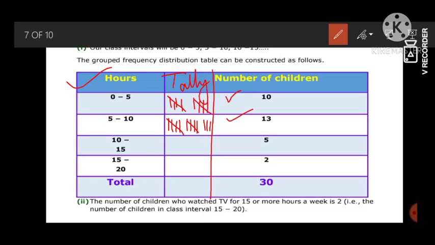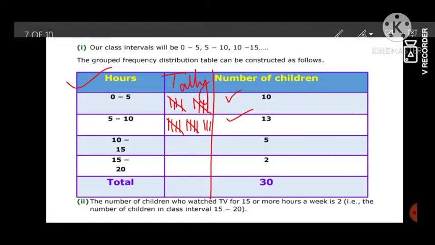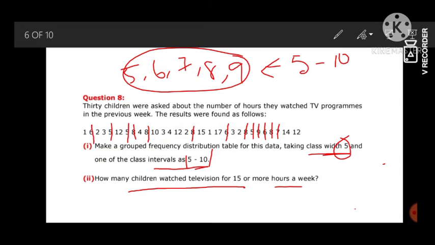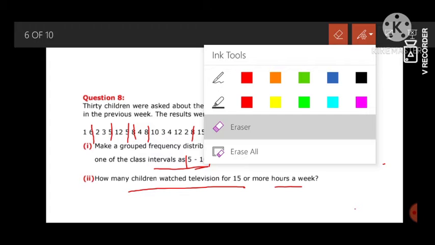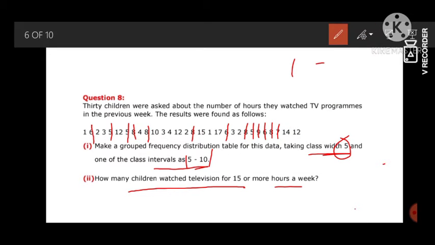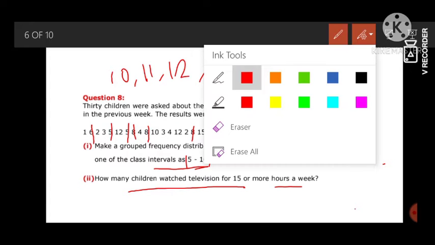Then the next group is 10 to 15. Let us see for 10 to 15 how many numbers we get. We will consider the numbers 10, 11, 12, 13 and 14.